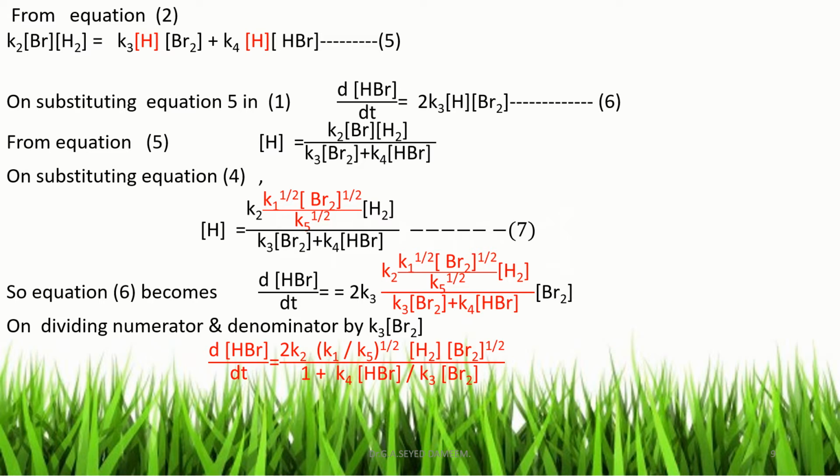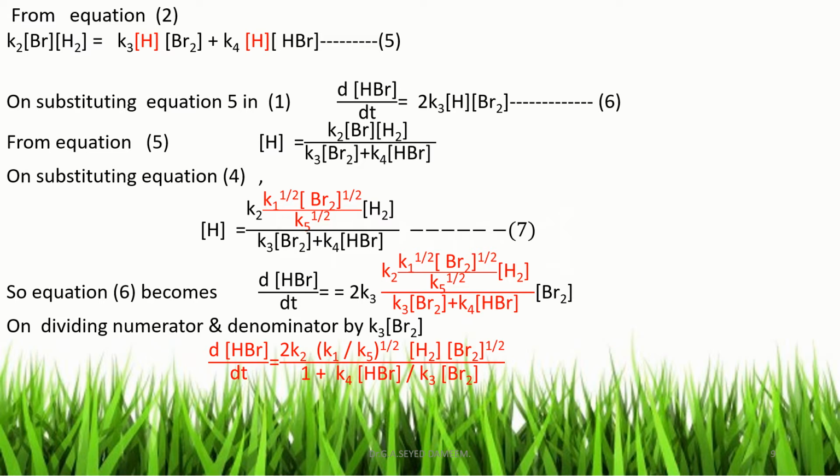Next, on substituting equation 4, that is the concentration of Br, in the above equation, the concentration of H is given by [H] equal to K2 times the concentration of Br substituted, times [H2], divided by K3[Br2] plus K4[HBr]. Let this equation be 7.